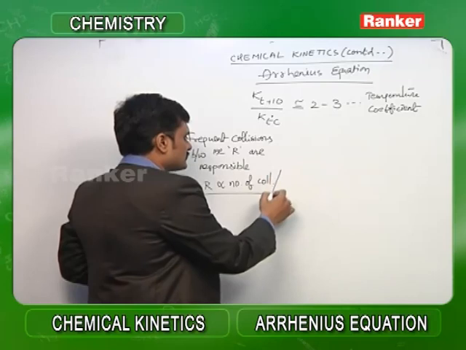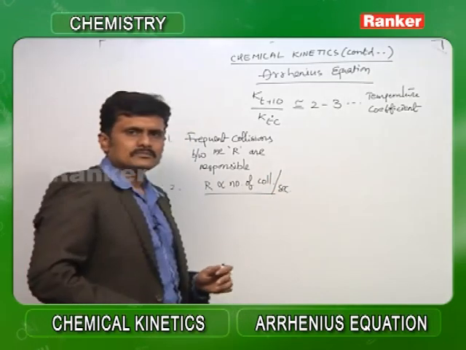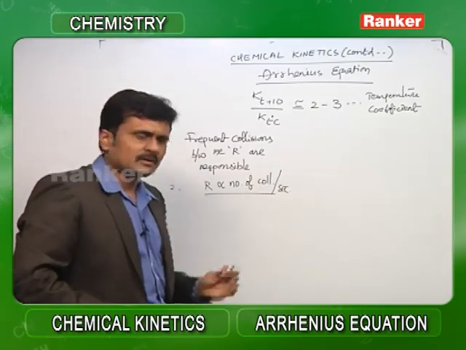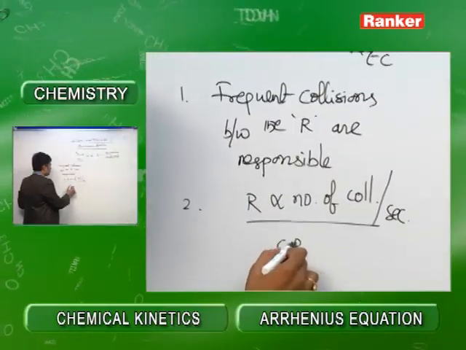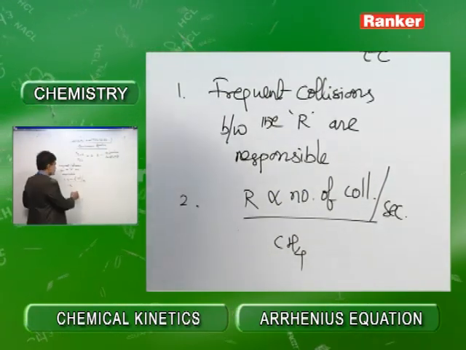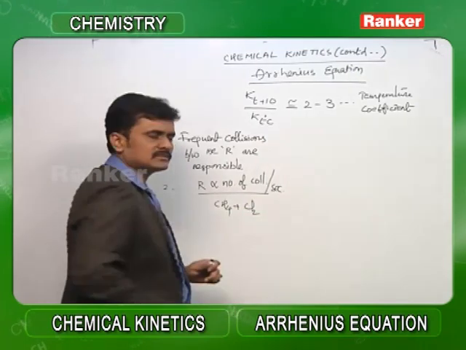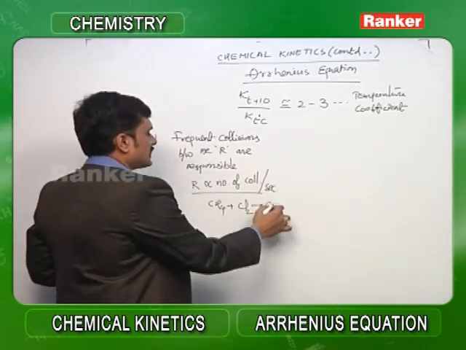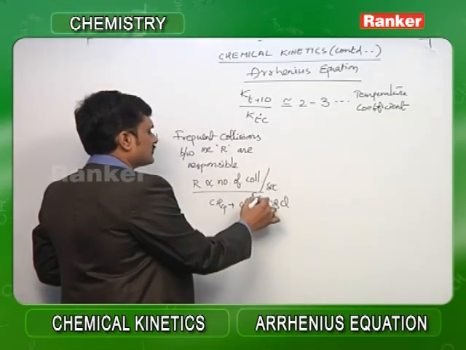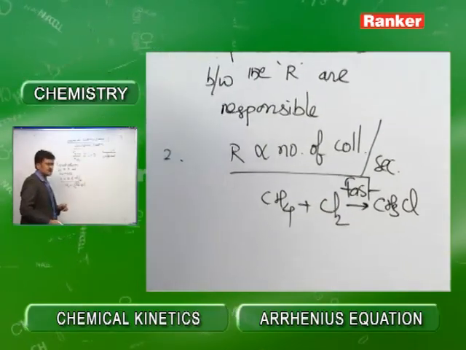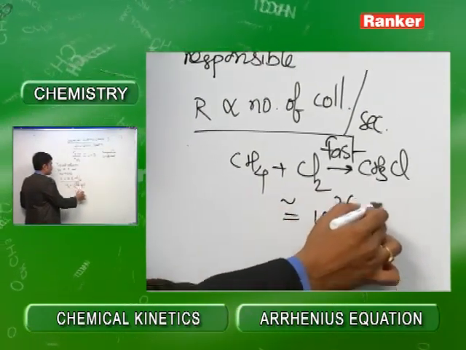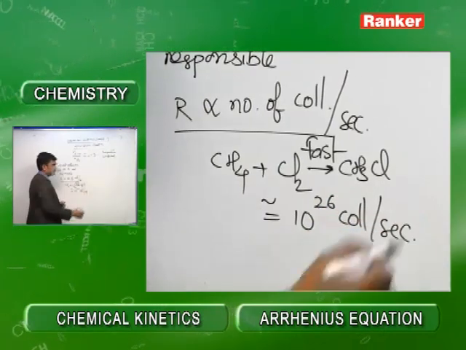So this was a preliminary assumption that the rate of the reaction is directly proportional to the number of collisions taking place per unit time, which happens to be a wrong assumption. If you take a methane molecule colliding with Cl2 to yield methyl chloride, this reaction is indeed very fast, as there are approximately 10 to the power 26 collisions taking place in 1 second.